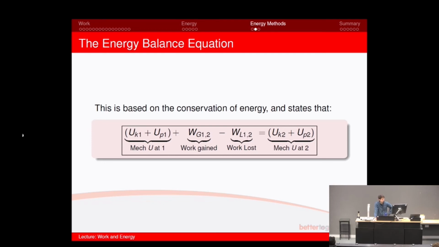In this case, we've got mechanical energy at 1, which is the kinetic and potential at point 1, plus the work gained, so that is external forces being exerted on the system, minus the work lost, because there's work that the system needs to do to get from point A to point B, and that equals the mechanical energy at point B, at point 2. So the energy at the initial point equals the energy at the final point, and that energy can be broken down into its mechanical energy as well as the work gained and lost.